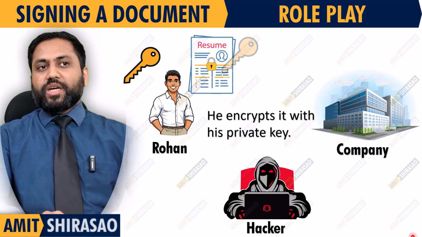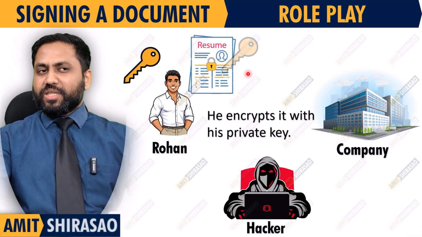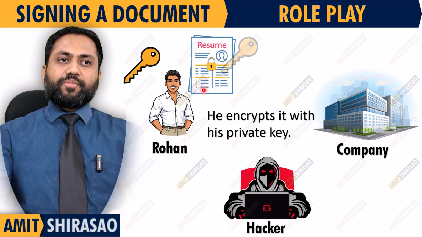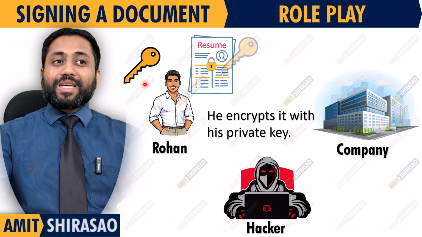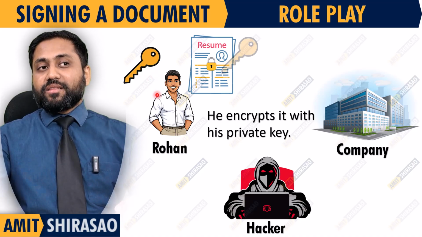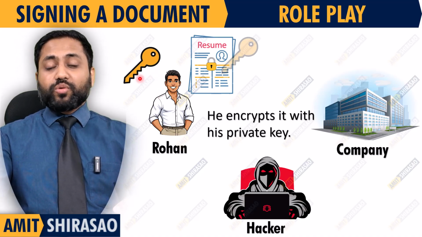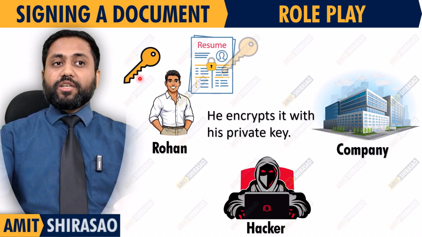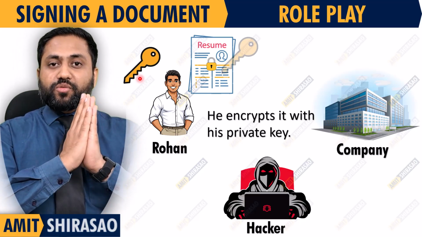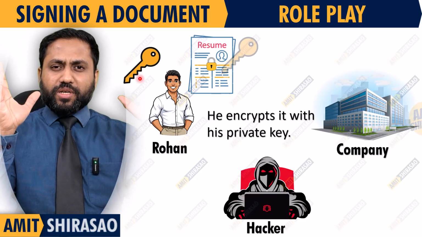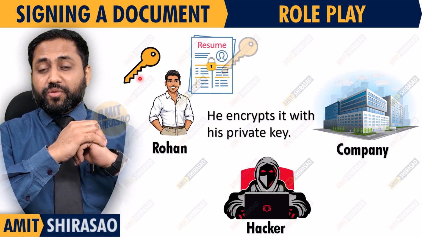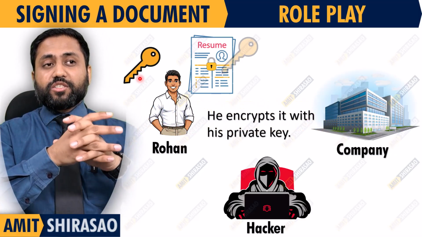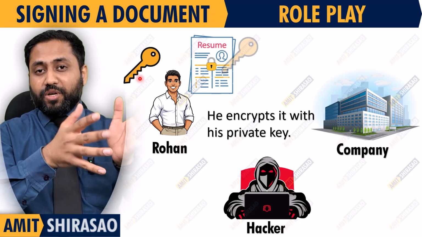Now you know that when a document or any message is encrypted using somebody's private key, then it can only be decrypted by the same person's public key. And Rohan's public key is known to everybody, right? So he will send this resume to multiple companies, whichever he likes, and all of these companies know his public key. If they want to decrypt the message, they'll be using Rohan's public key.